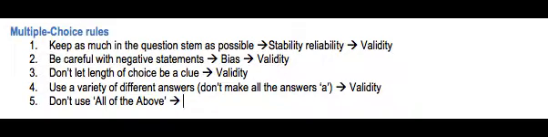So in this case you're impacting the guessing factor, so it is a stability, reliability issue. It also works as a clue, and you are going towards the whole kind of validity issue in general.